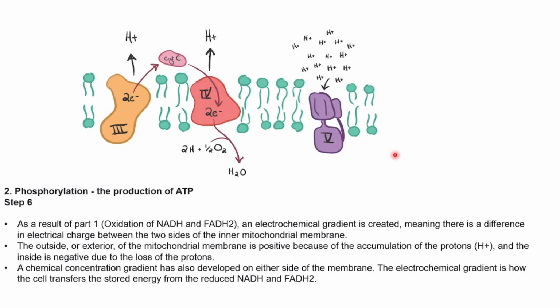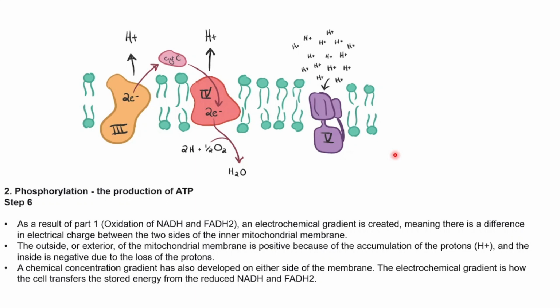Whatever was happening in part 1, an electrochemical gradient was created, meaning there is a difference in the electric charge between the 2 sides of the inner mitochondrial membrane, because you have pumped out a lot of protons while the electrons were being relayed along the electron transport chain.